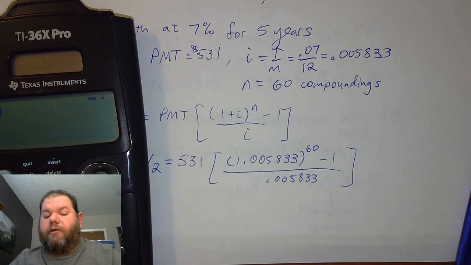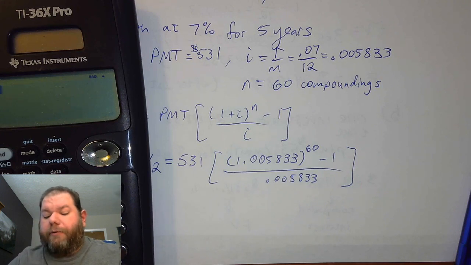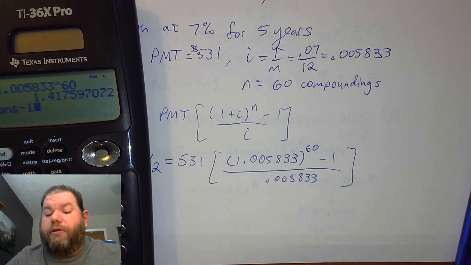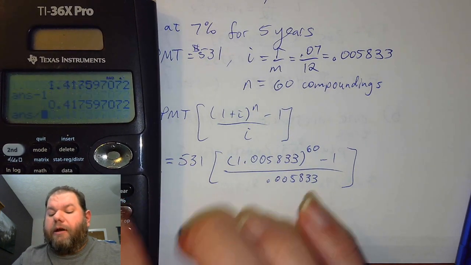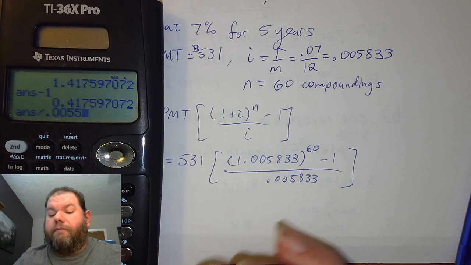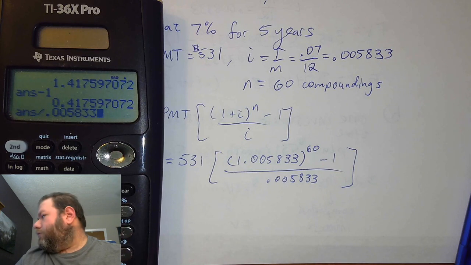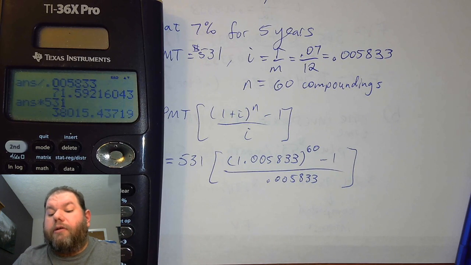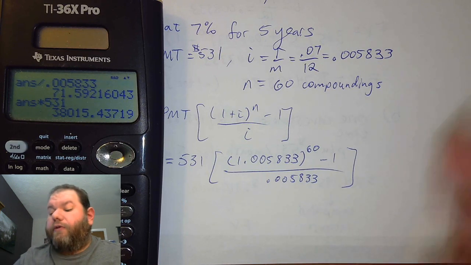So we'll take 1.005833, raise it to the 60th power, subtract 1, divide it by 0.005833, and finally multiply by 531. So we get $38,015.44.